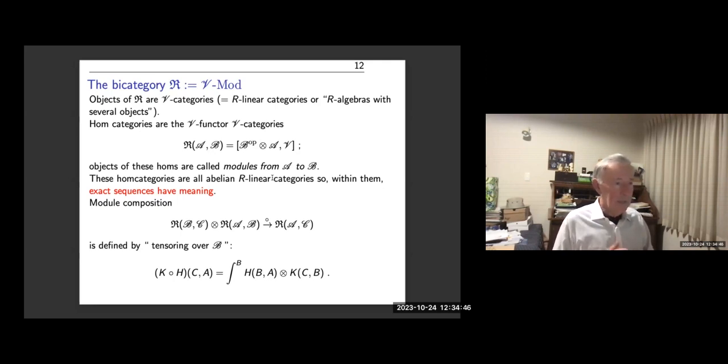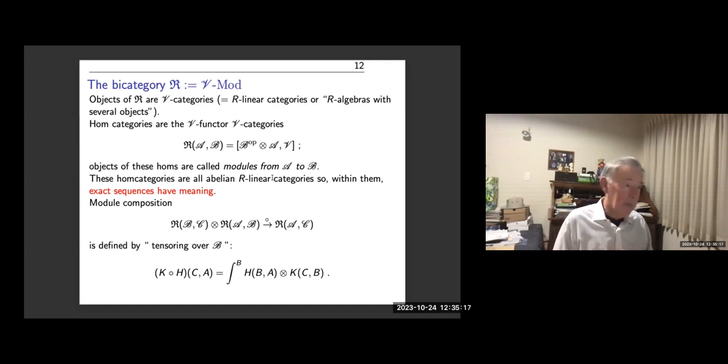And in this particular case, because our base category V is a nice abelian category, a Grothendieck abelian category, it makes sense to talk about exact sequences in these HOMs. So module composition is just as it is really for modules, tensor product of modules. We've got this fancy notation using an integral, which is called a coend.